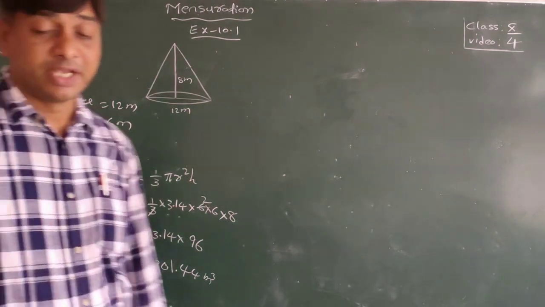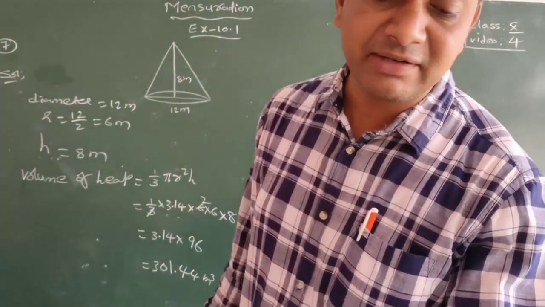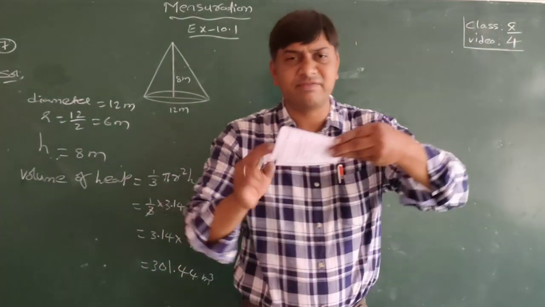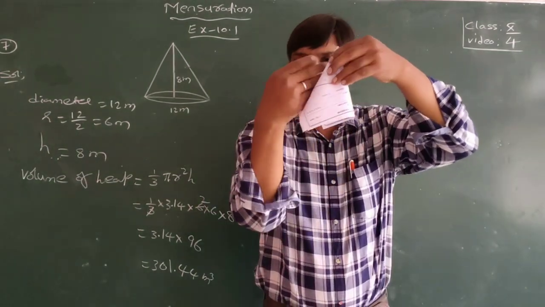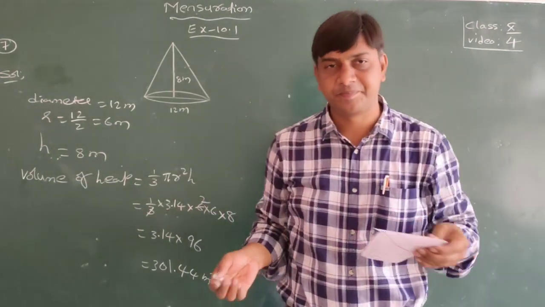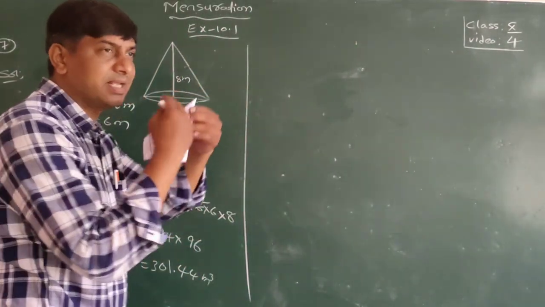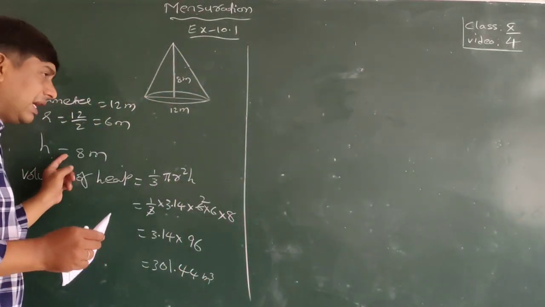But in this question they asked two things. How much canvas cloth is required to cover the heap? Canvas cloth required means you will cover this area, that means CSA. CSA of a cone is pi r L. R you have, L you don't have.